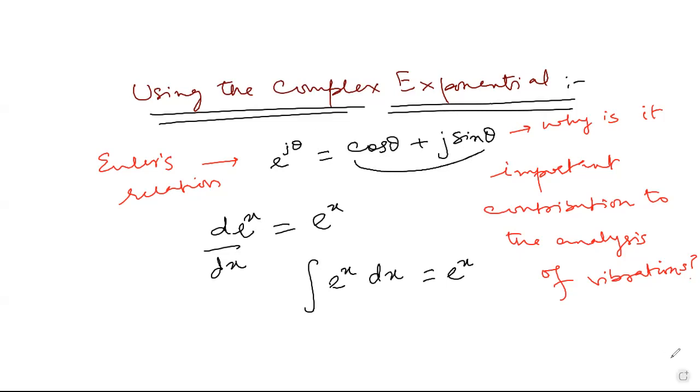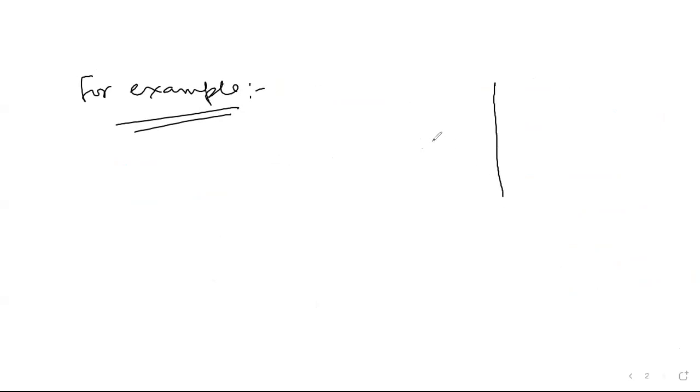Let us try to understand it. We take an example. We have already discussed that there is a relationship between simple harmonic motion and uniform circular motion. So let us set up a uniform circular motion in the xy plane. Let this be my xy plane.